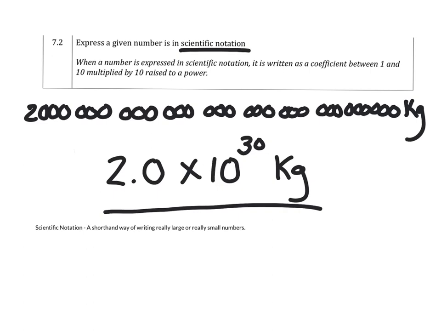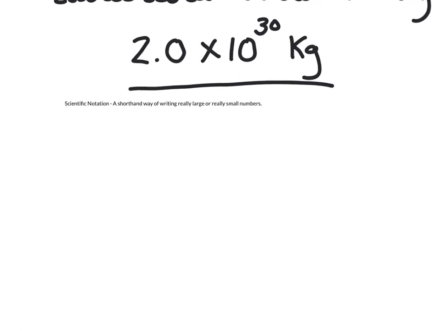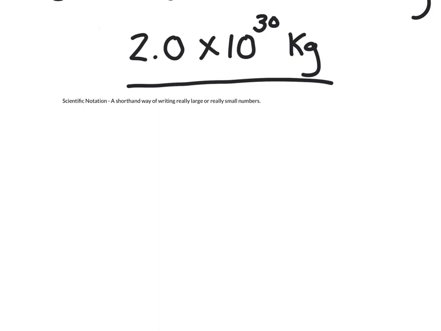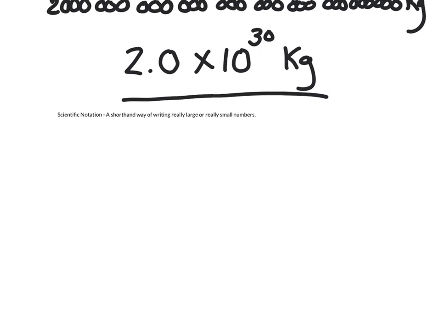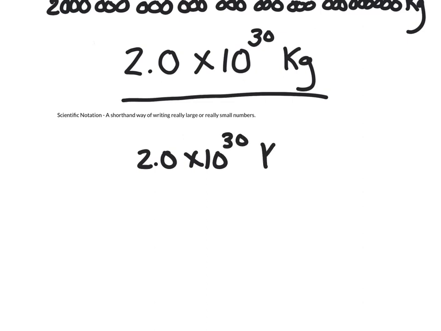Now, there are some rules that you have to follow when writing numbers in scientific notation. Actually, there's just 2 rules that you need to follow. The first rule, and please write this down, okay? Let's use the same number again, 2.0 times 10 to the power 30 kilograms. The first rule is that this number, the number right here, needs to be between 1 and 10.